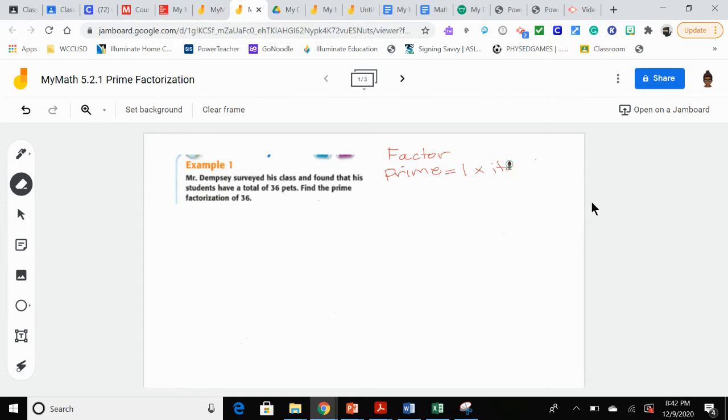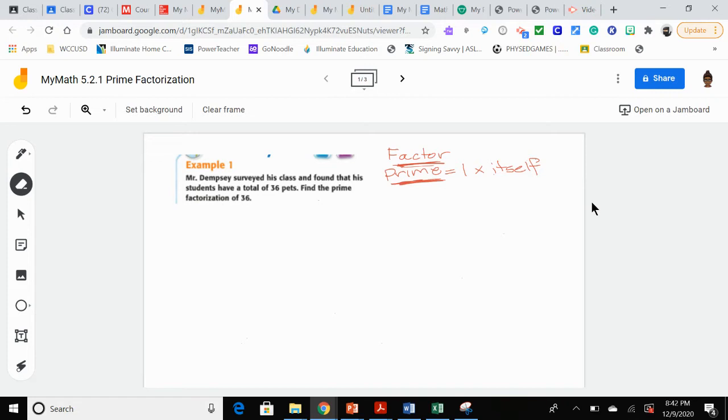That's what a prime number is. So if it cannot be decomposed anymore, it's a prime number. So that's what we're working on. Factoring numbers down to their prime factorization.